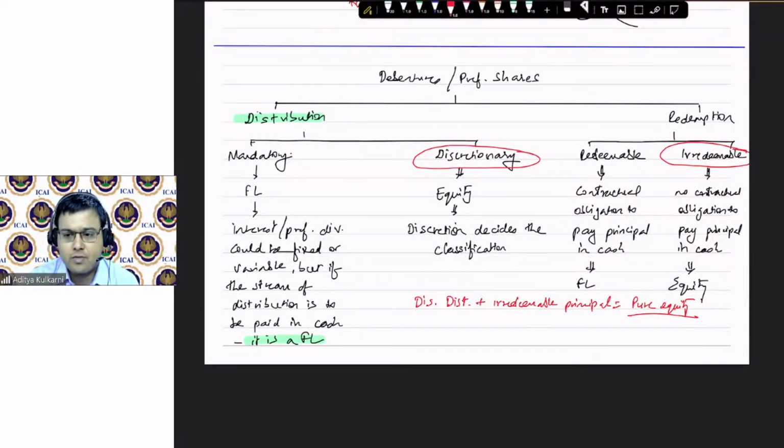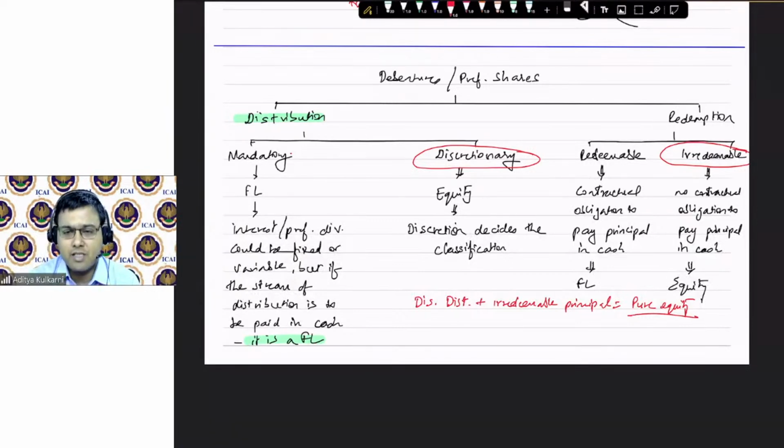Fine. अच्छा, यही केस में, in this own case, holder के केस में क्या होगा? Suppose I have purchased this debenture where the distribution is discretionary, where the principal is irredeemable. आई बात समझ में?